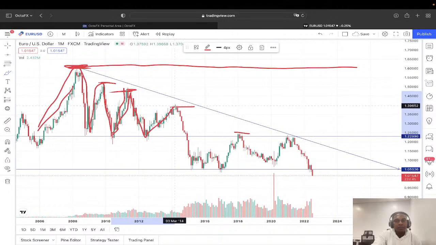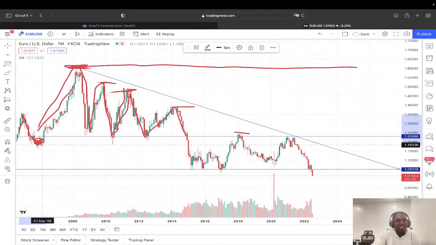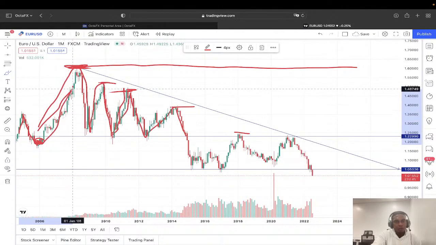We saw what price did here. At this point, we could read that price had once broken through this level and came down. Now price came to test this level, created a footprint, could not break down further, and price went up.